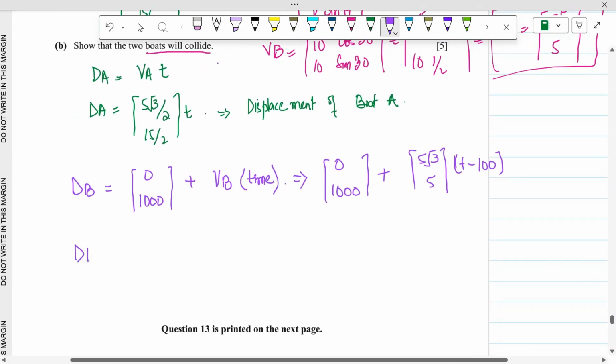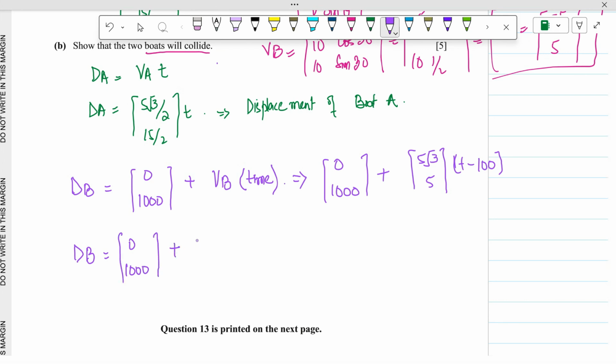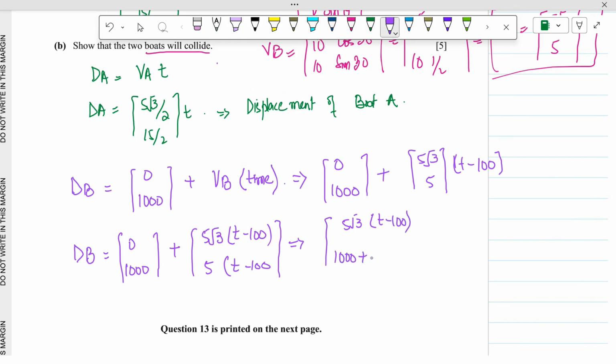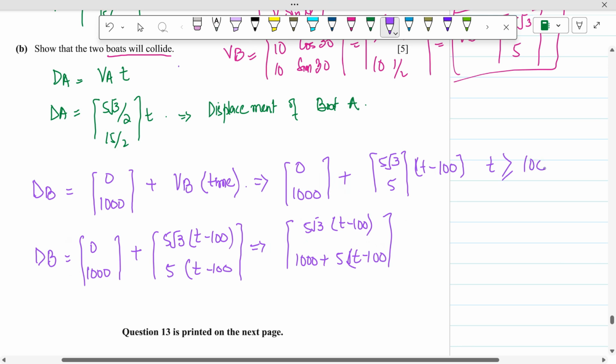So the displacement of boat B is (0, 1000) plus (5√3(t − 100), 5(t − 100)). It should be noted that t should be greater than or equal to 100.